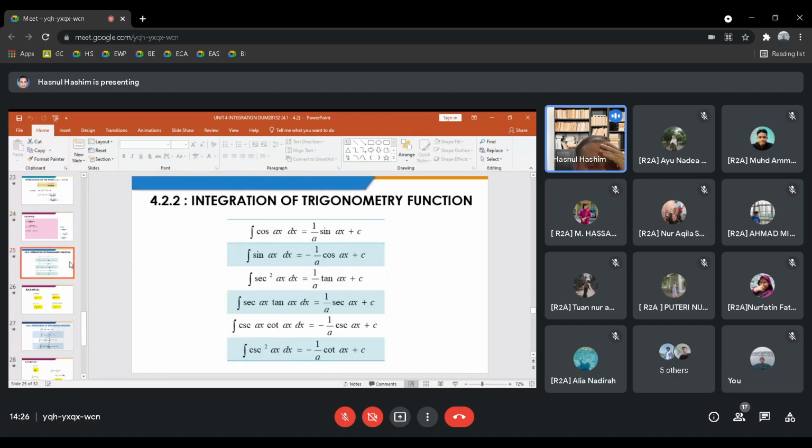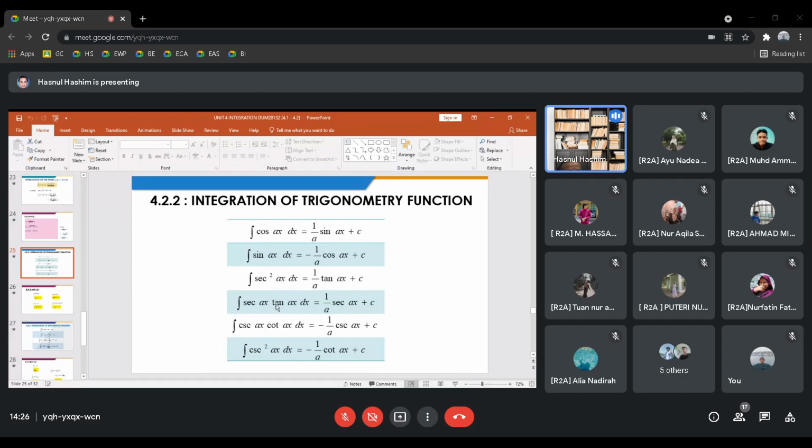Then we look at integration of trigonometric functions. If we integrate cos ax, we get 1 over a sin ax plus c. If we integrate sin ax, we get negative 1 over a cos ax. If we integrate secant squared ax, we have 1 over a tangent ax.